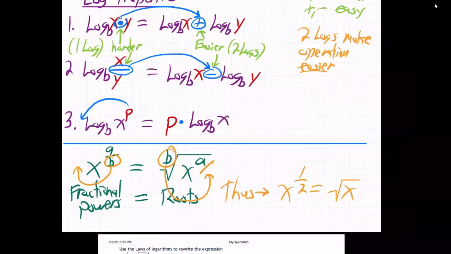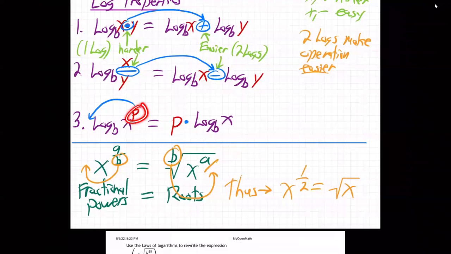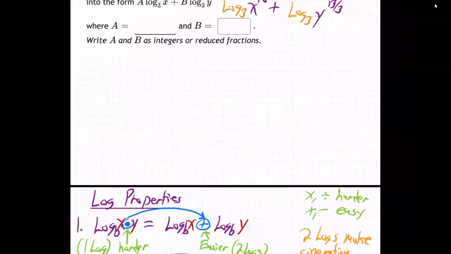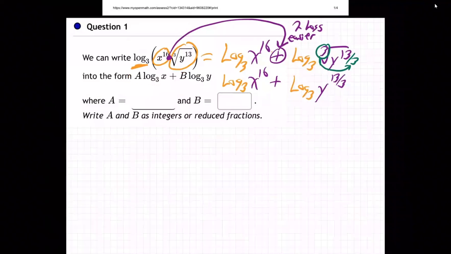Okay, now what? Now I'm going to use property 3, which says powers can drop down to the front. Anytime you have a log with something to a power, you can bring that power down to the front as multiplication. So that's exactly what I'm going to do for these. I'm going to take this power and drop it down to the front, and this whole fractional power, drop it down to the front.